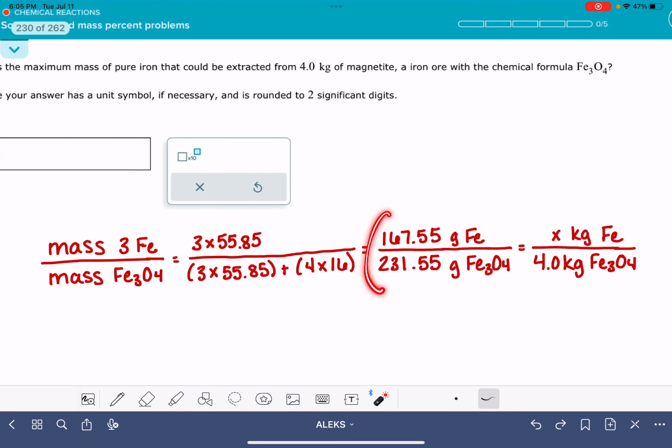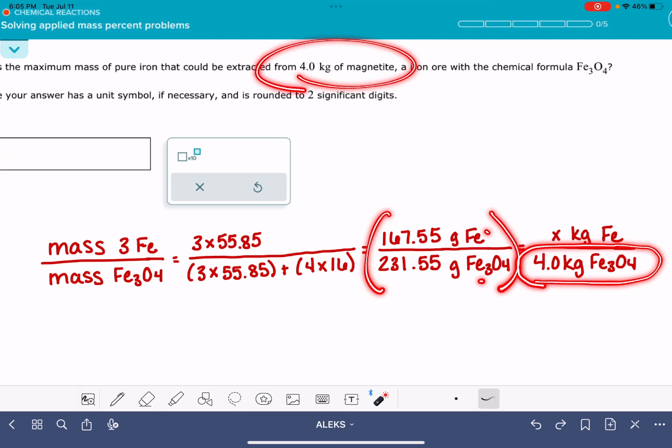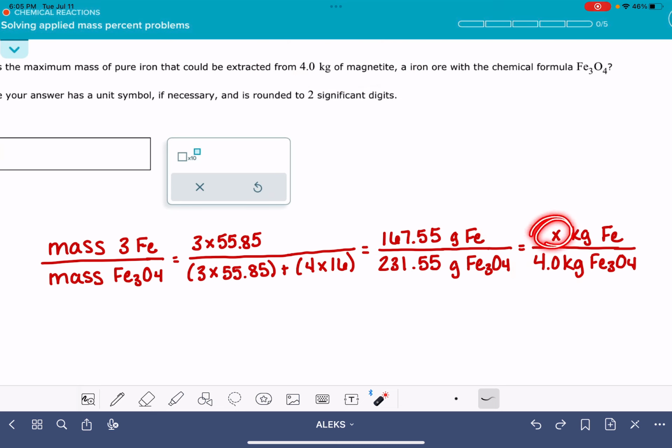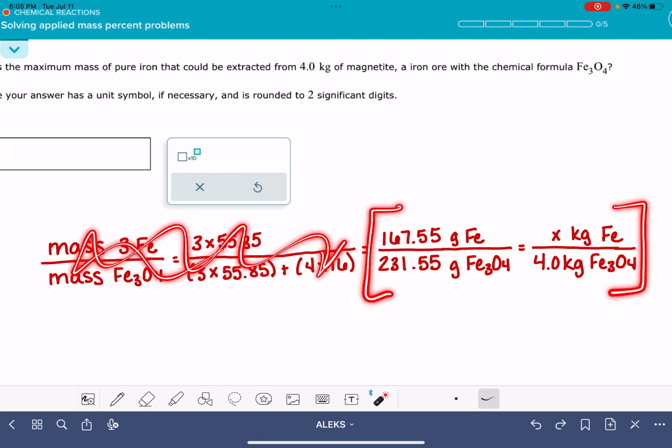So here is my constant ratio of iron to Fe3O4. What if, as the problem is saying, I had 4 kilograms of that compound? I could use this relationship right here. So now we're not worried about this stuff anymore. I can use this relationship right here with some algebra to solve for the mass of iron.